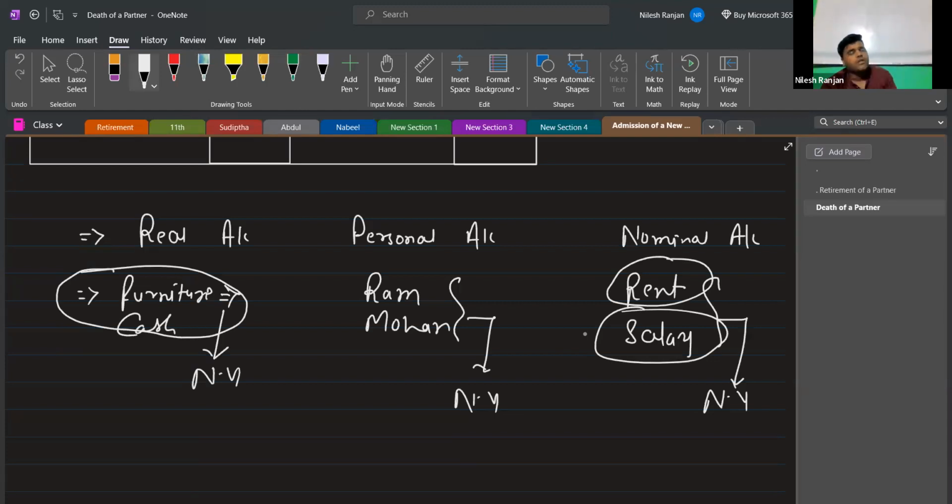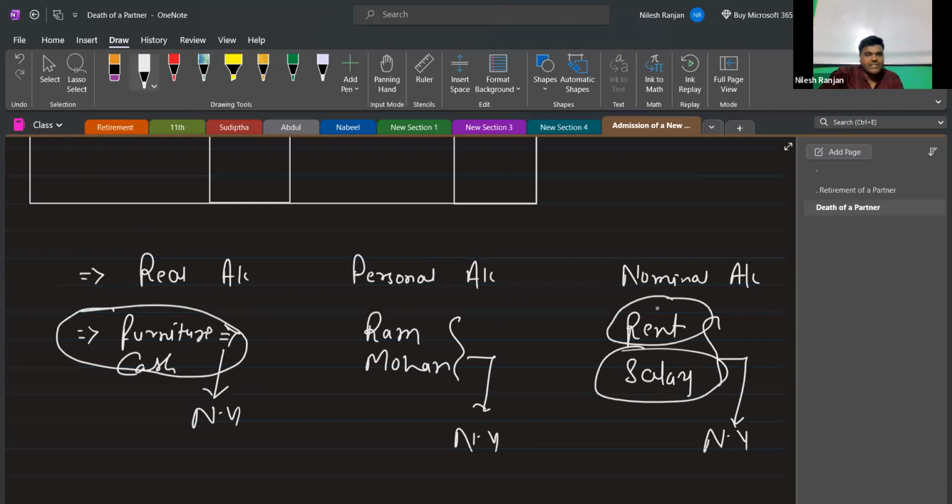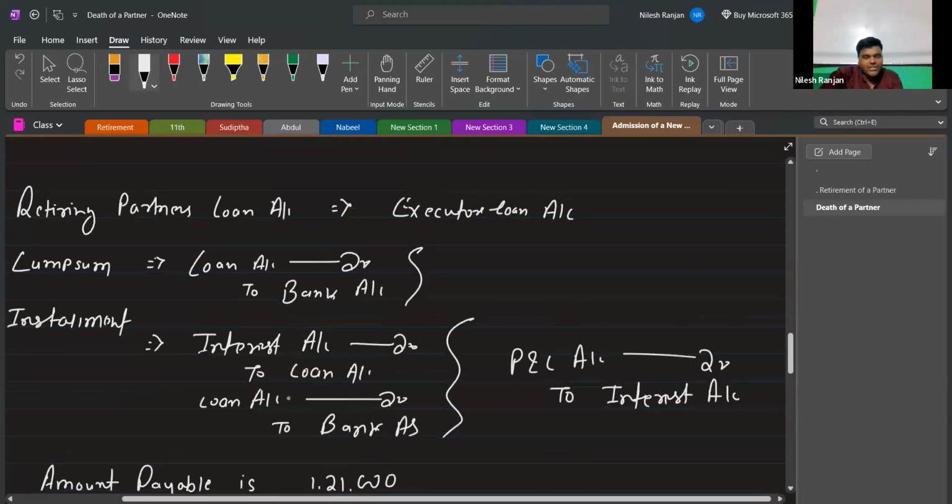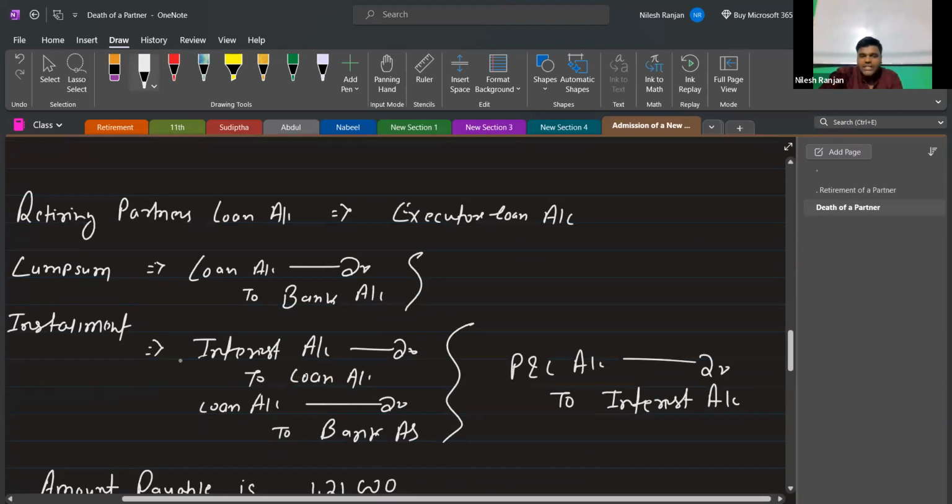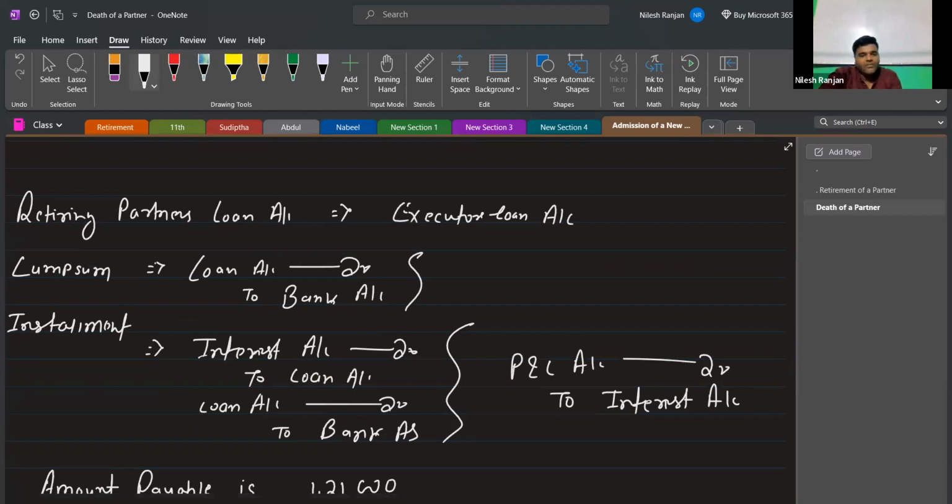So any nominal account balance cannot be carried forward to the next period or next year. Is that clear? In the same manner, this interest is related to the current year only, so it cannot be carried forward.